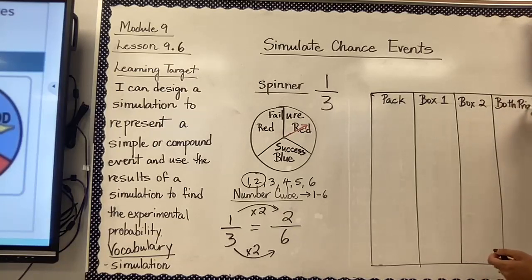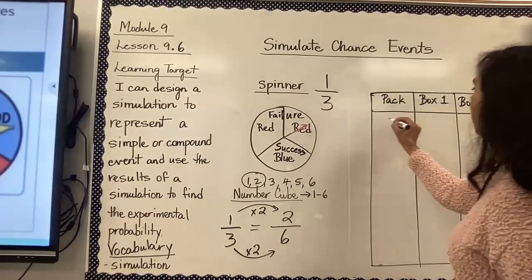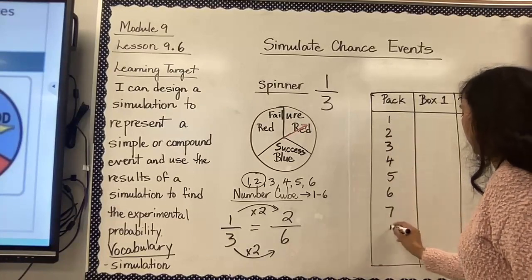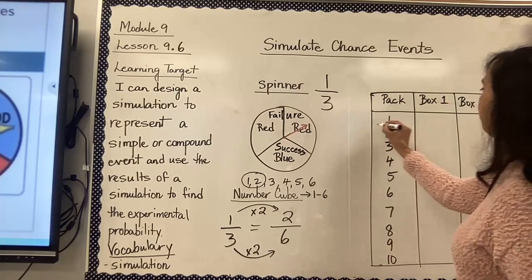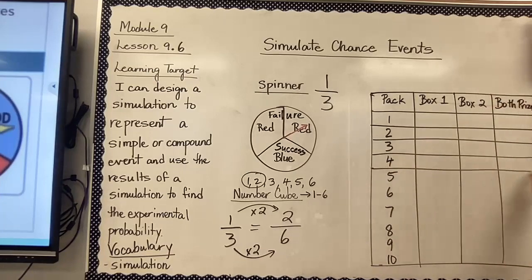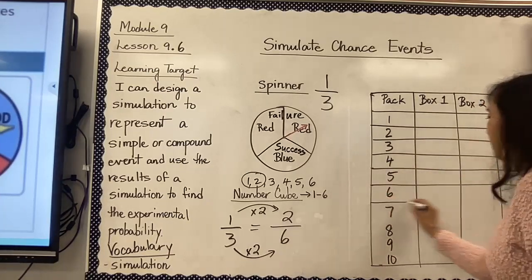And we had talked about spinning it how many times? 10 times, right? So if one trial is spinning the spinner twice, let's just run it 10 times, because that's what the question was. So that is why here are my packs: 1, 2, 3, 4, 5, 6, 7, 8, 9, 10. And if I just make a table like this, and then I conduct my experiment.